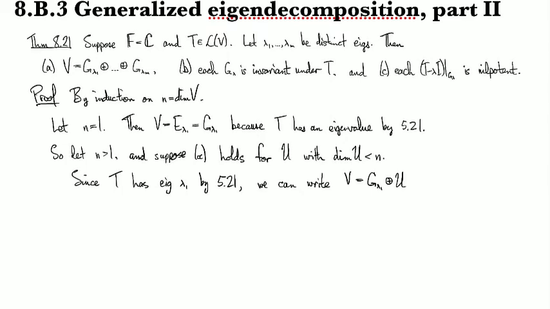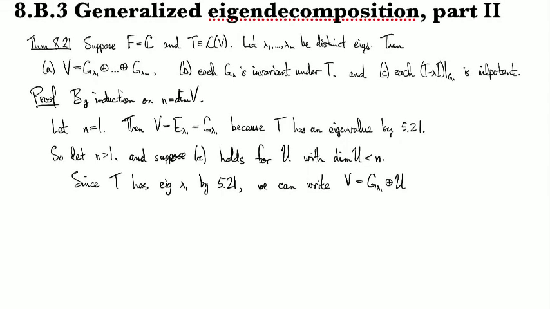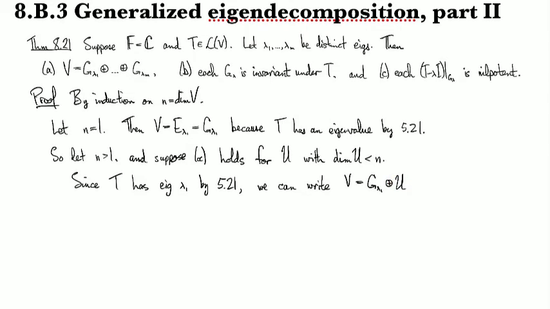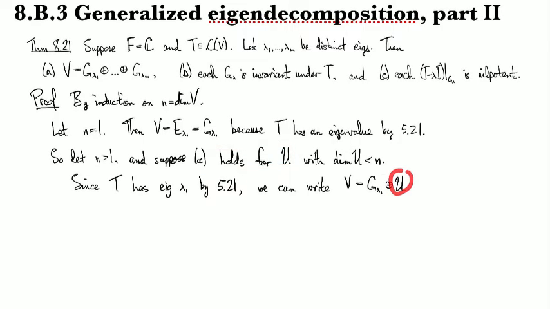We'll just call whatever else U. Now the idea here is we're going to use this to reduce to our inductive hypothesis. So we're going to show that this has dimension strictly less than n, and then apply that inductive hypothesis to this U right here.